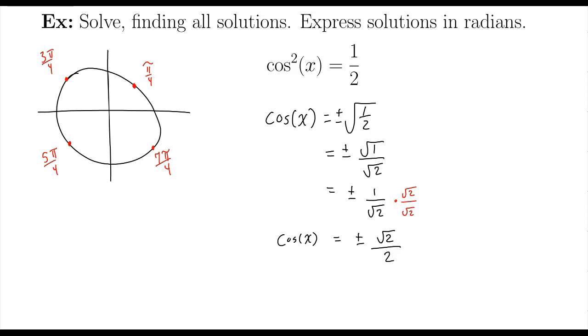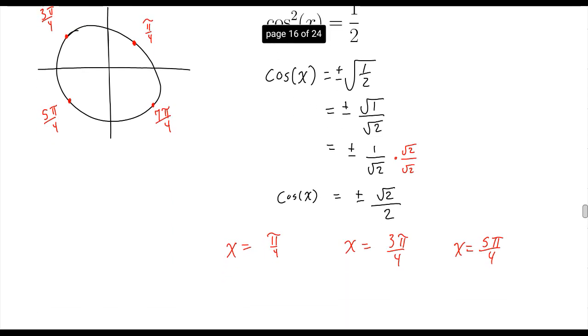Okay, so now let's write this out. So x equals pi over 4, x equals 3 pi over 4, x equals 5 pi over 4, and x equals 7 pi over 4.